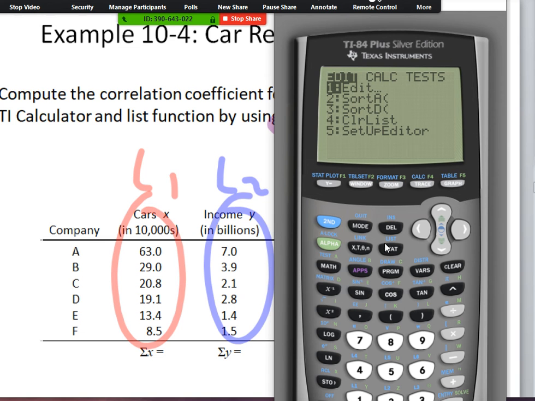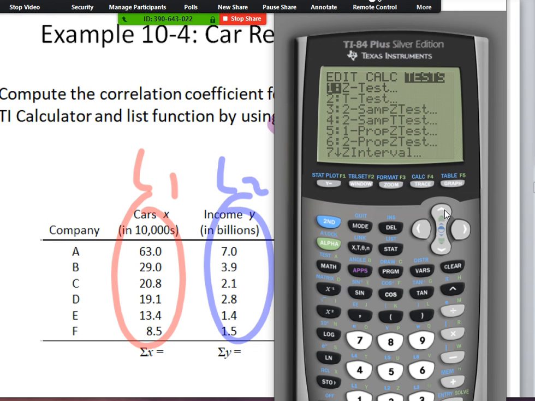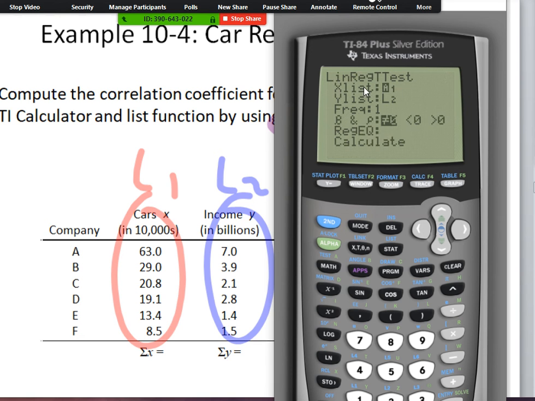So stat right here in the middle, go over to test. And then I need to go up because mine's at the bottom. So I'm going to arrow up to get to the bottom. So arrow up to LinRegTTest, not interval, test. It's a hypothesis test. LinRegTTest, we're testing it. Hit enter. And x's are in list 1, y's are in list 2. Frequency 1, you only have one of each of them.